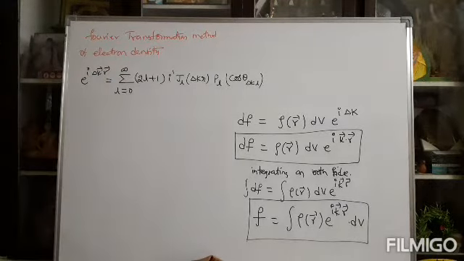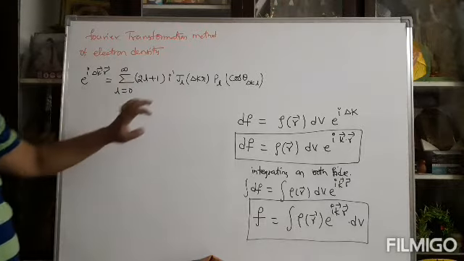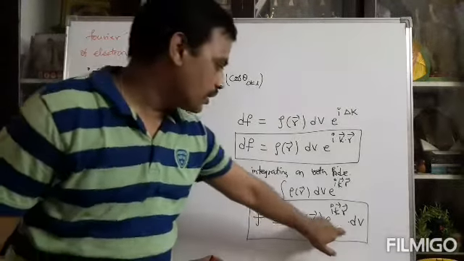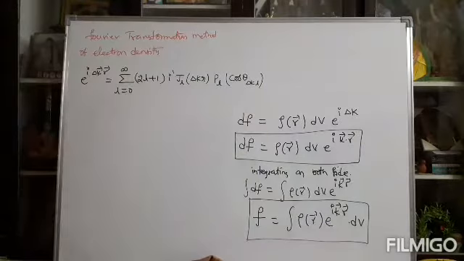That is the Fourier transformation. From the Fourier transformation, the electron density term e power i into delta kr can be represented like this.